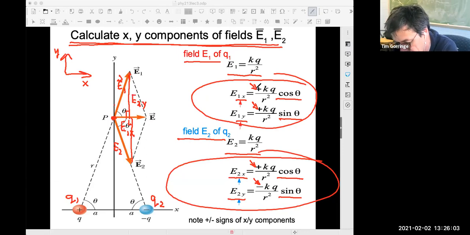Those are the positive directions, positive and positive. For the second field, E2x is positive, but E2y is negative, it's downwards. So the horizontal component is positive, but the vertical component is negative. So that's important. I put in these signs by hand here.